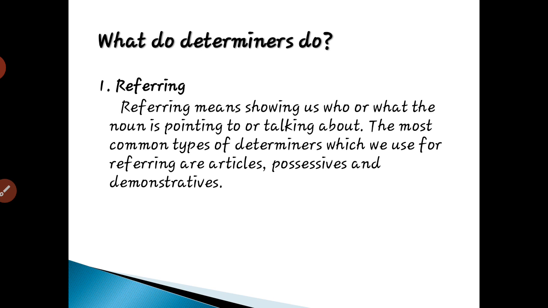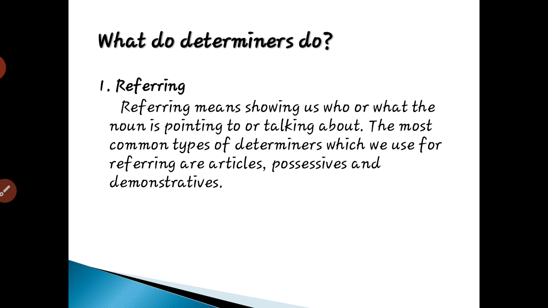Then possessives. Possessives are the words which talk about possession. When we are talking about the possessiveness of a person, we use these possessives, for example, my, mine, yours, his and her.